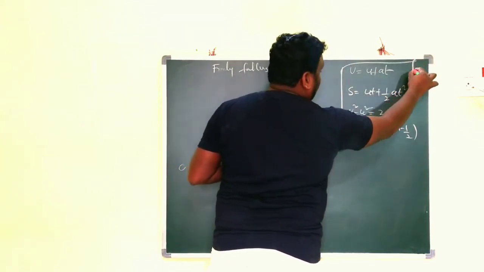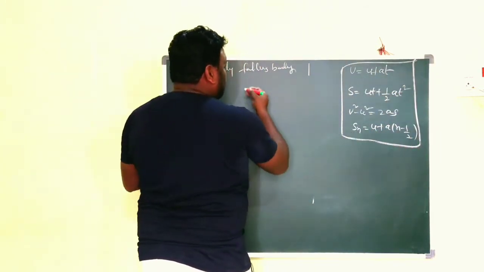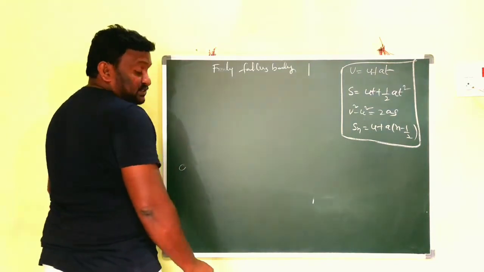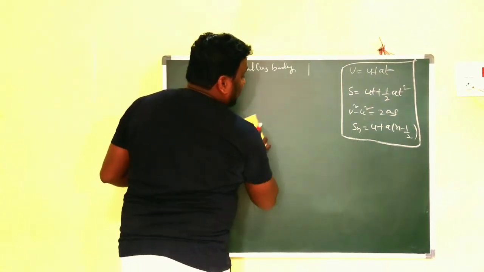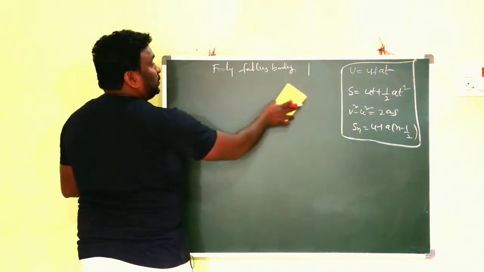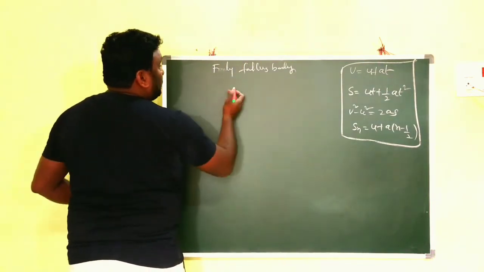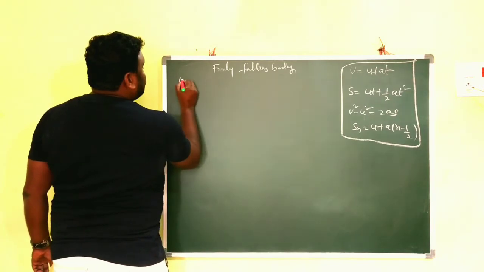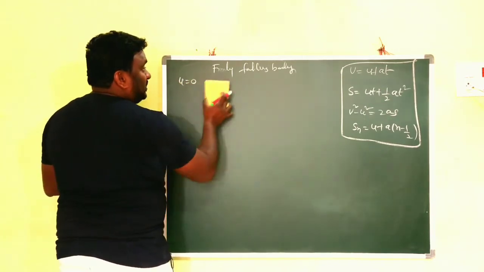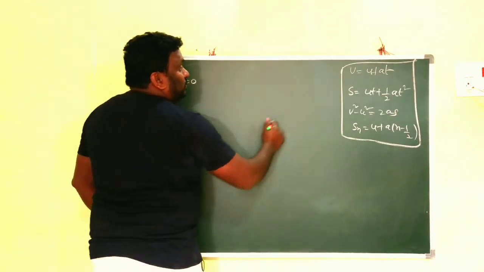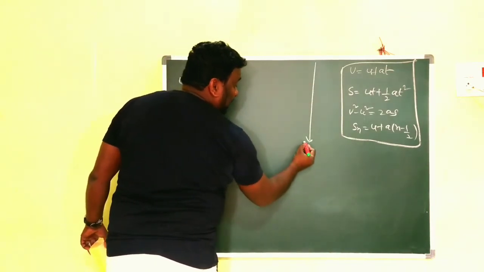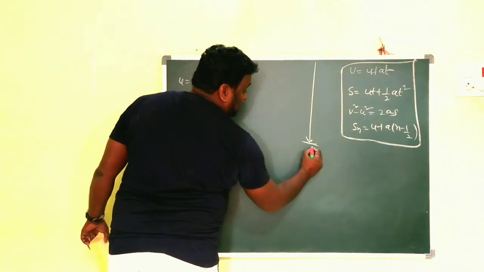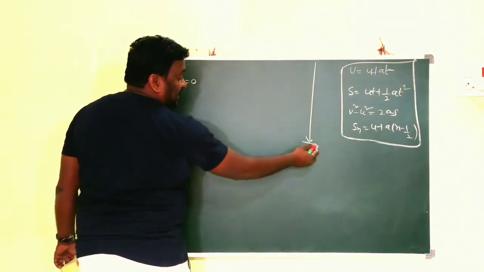Now we have to write these equations for a freely falling body. Just now I told you, for a freely falling body the initial velocity is 0, so you have to remember that: u = 0. Clear? The body is freely falling, and when it touches the ground, its velocity is v. That is the final velocity.